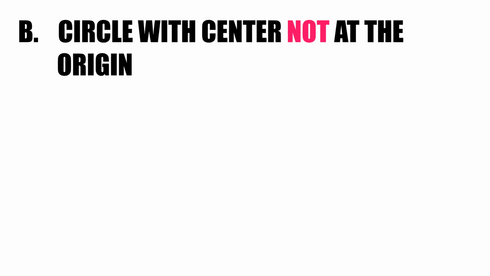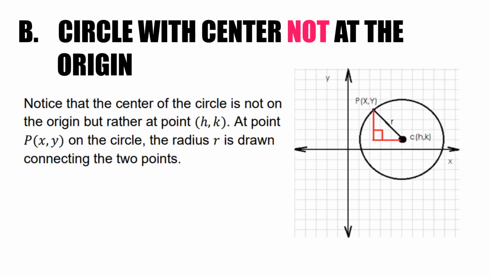Now how about if the circle has a center which is not at the origin? So ano yung gagawin natin? So tingnan natin yung graph dito. If you notice, this is the point on the circle, x, y pa din. But the origin is represented now by h and k. Okay? So, h and k ang na-represent natin dyan para magkaiba dito sa x and y.